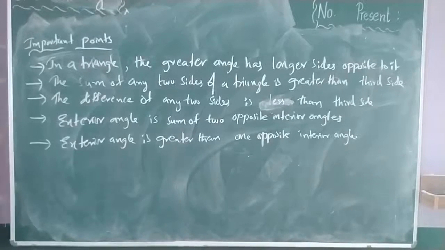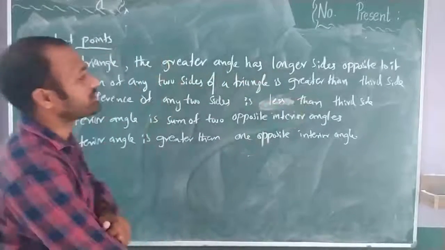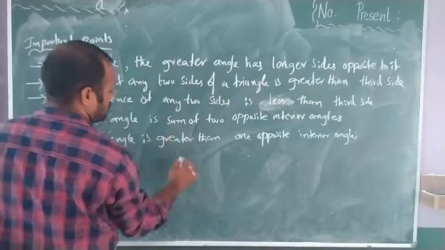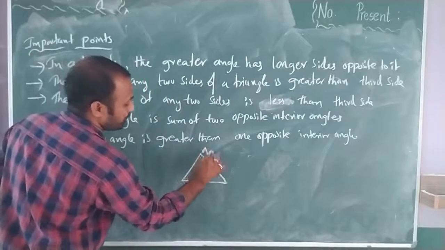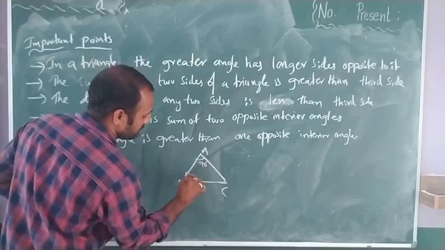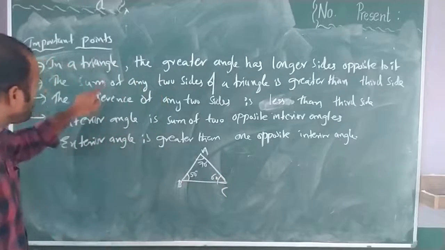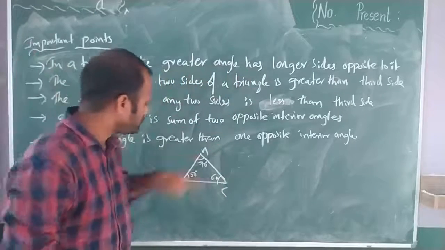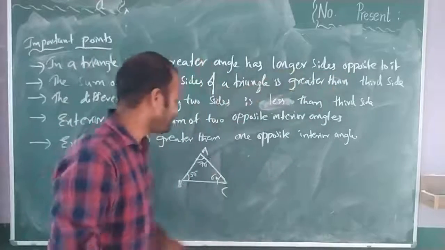Next, another point. In a triangle, the greater angle has the longer side opposite to it. Let us take a triangle A, B, C. So this is 70 degrees, this is 50 degrees, and this is 60 degrees. Here the greater angle is angle A, which has the longer side opposite to it.